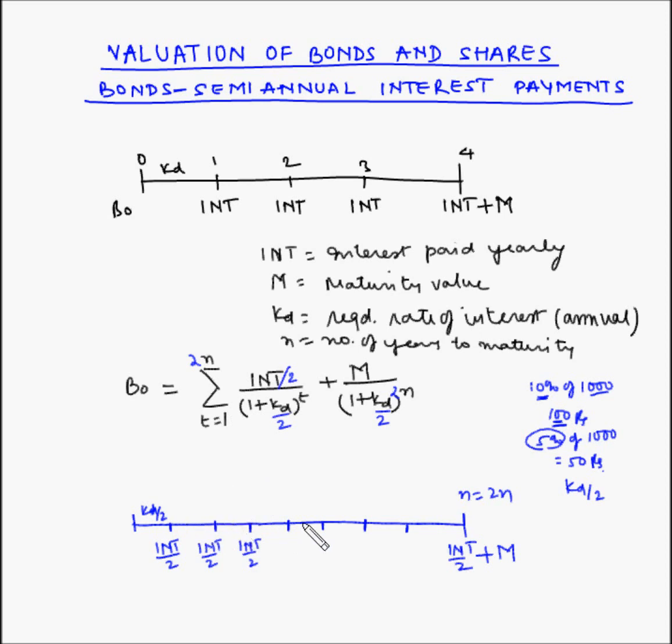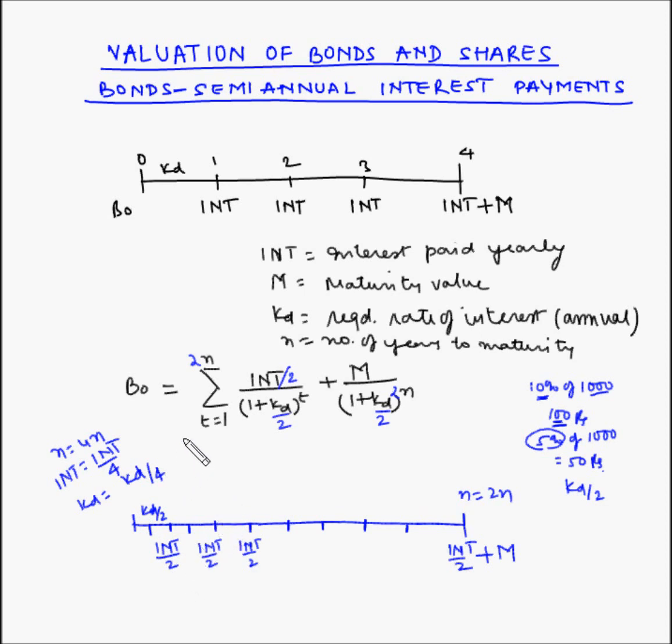Now let's say this was a quarterly interest paying bond. That means in a year there are 4 times when the interest is being paid. So then what will happen? N will become 4 times N, interest will become interest divided by 4, and KD will become KD divided by 4.